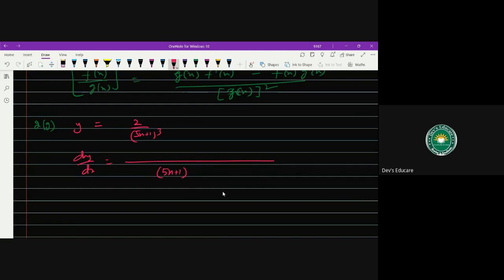Either we can use the quotient rule or we can do it directly also. We can write it as 2 into 5x plus 1 to the power minus 3. The derivative of this will be 2 times minus 3 into 5x plus 1 to the power minus 3 minus 1, into the derivative of 5x plus 1.